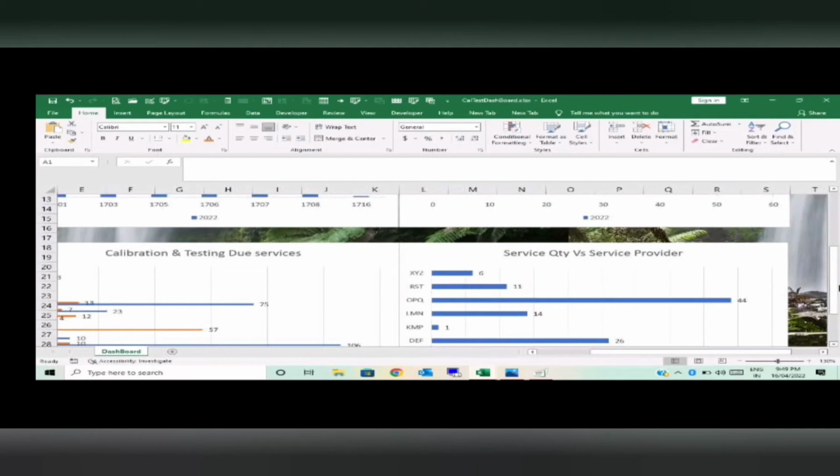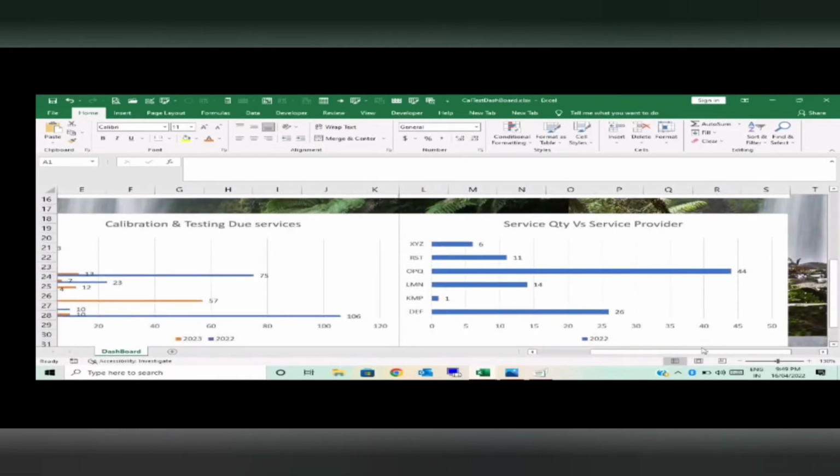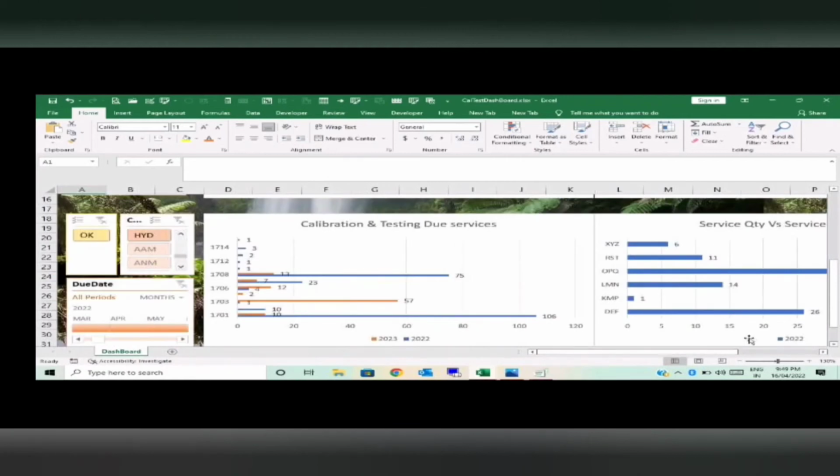Now the calibration testing due service, friends. Now it is showing me here, see, as a whole these are going to be due.